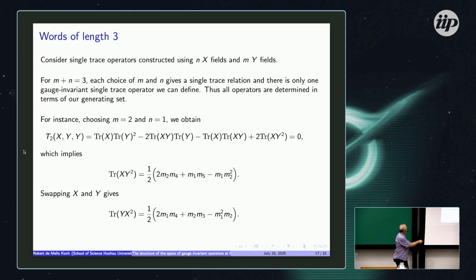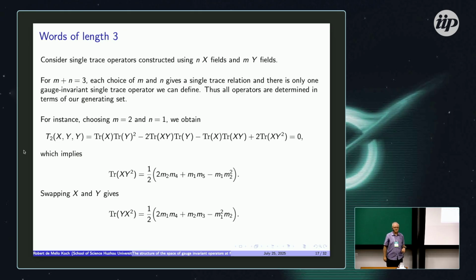So for example, when m is 2 and n is 1, the only single trace operator that there is is trace of xy squared. Anything else by cyclic symmetry is equivalent to trace of xy squared. And then if you look at the trace relation, the first terms in the trace relation all have 2 or fewer matrices inside the trace, so I get that trace of xy squared is this in terms of my primary invariants.